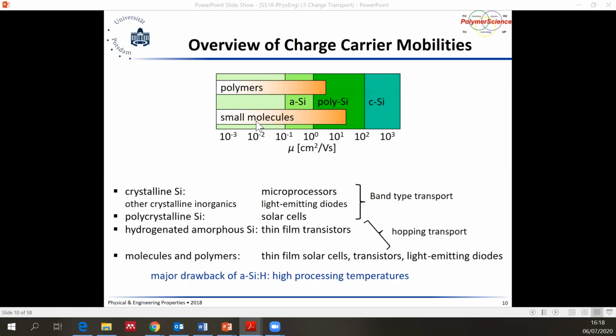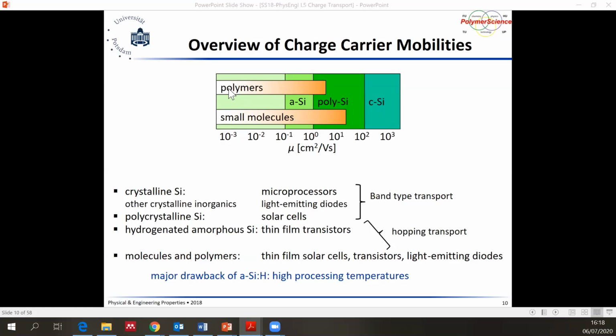So here's an overview of mobility values for different materials. Let's start off with crystalline silicon. You can see crystalline silicon typically has a mobility of 10 to the power of 3 centimeters squared per volt per second. As we go from crystalline silicon to polysilicon, the mobility drops by 1 or 2 orders of magnitude at the very least. Then when we go to amorphous silicon, it drops even further by an order of magnitude.